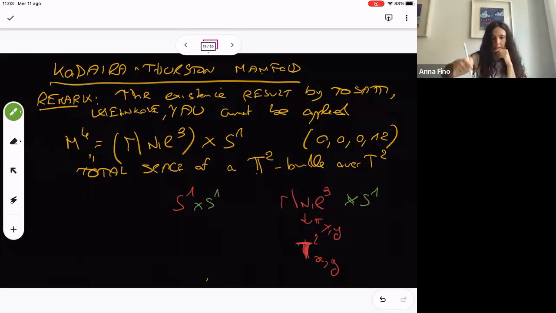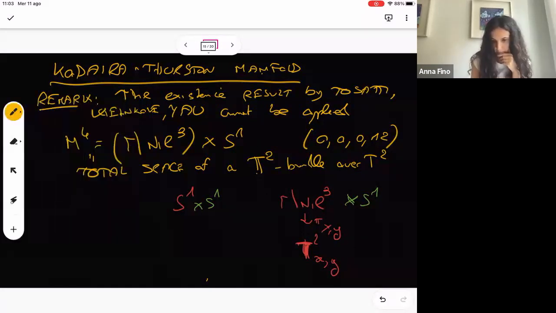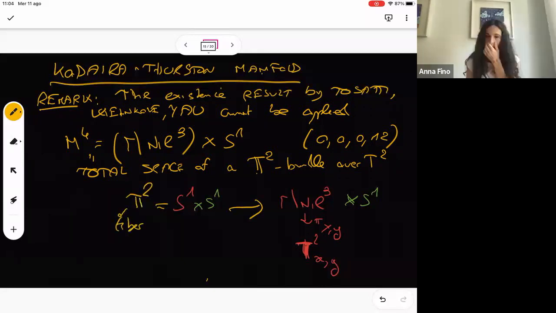So it's just the projection over the coordinates x and y. Okay, so this is our fiber, and our base. Good.